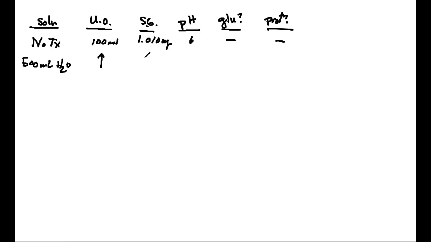What would happen to specific gravity? Specific gravity would drop, so that means it would get closer to 1.000, which is 1.001. Is water going to affect the pH? Nope. Should you see glucose in the urine? Nope. Protein? Nope. Okay, then another person would have drunk 500 mils of sugar water.